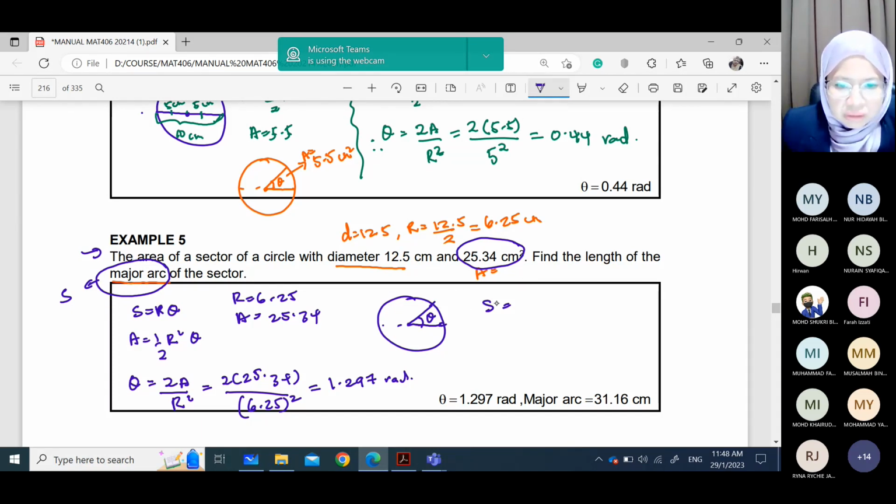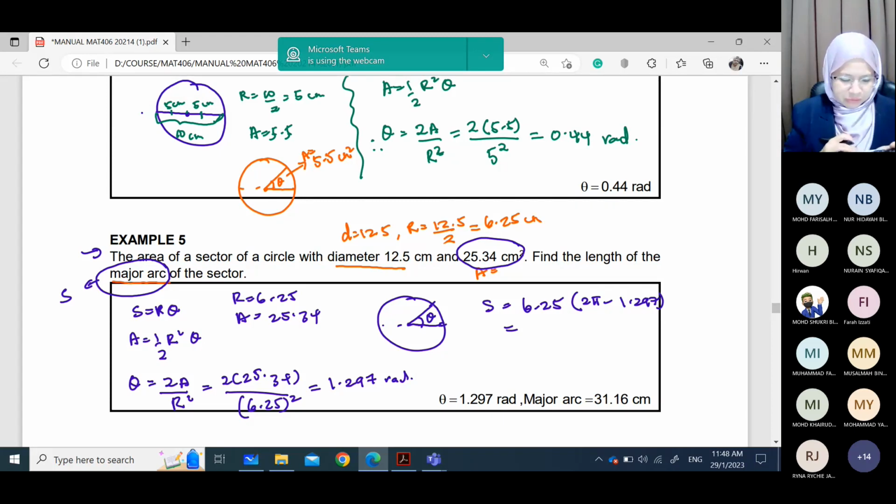So r theta, so r is 6.25 multiplied with 2 pi minus 1.297. 6.25 times 2 pi minus 1.297. Okay, so we have 31.16. So this is a major arc length.